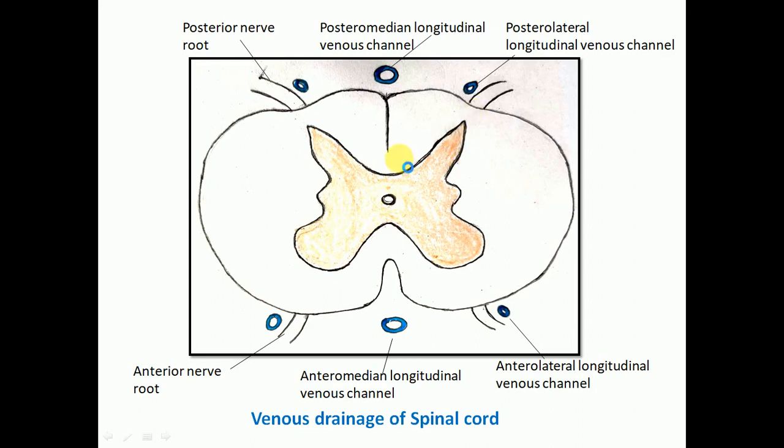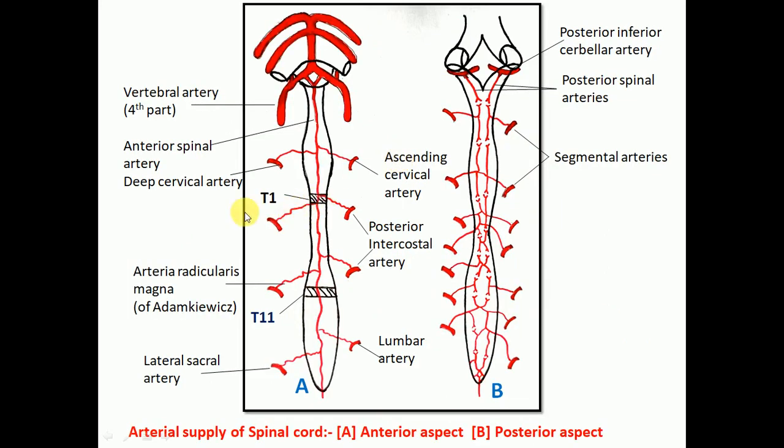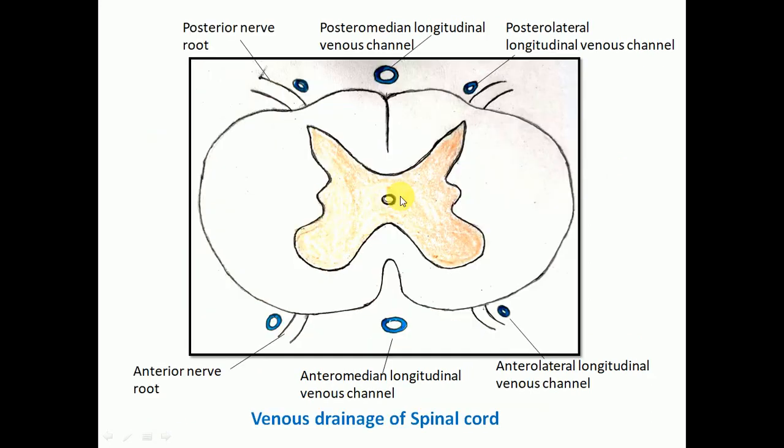So these veins are the deep cervical vein, posterior intercostal vein, lumbar vein, and lateral sacral vein, or you can say ascending cervical vein. Later on, this venous channel also communicates above with the basilar venous plexus. So in short, this is about the venous drainage of the spinal cord.